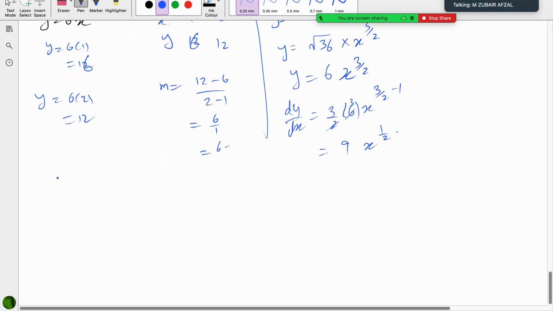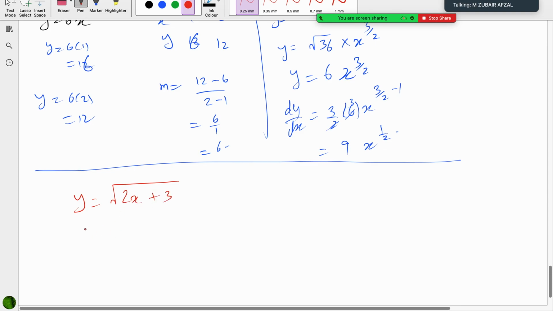There was one direct way of differentiating the square roots. For example, you have 2x plus 3. This is actually 2x plus 3 whole raised to the power 1 by 2. Now when you have a power, whole raised to the power something, the general form is y is equals to u raised to power n.